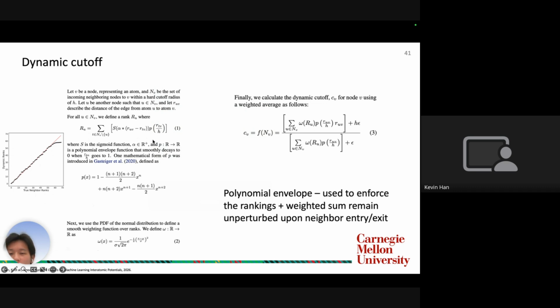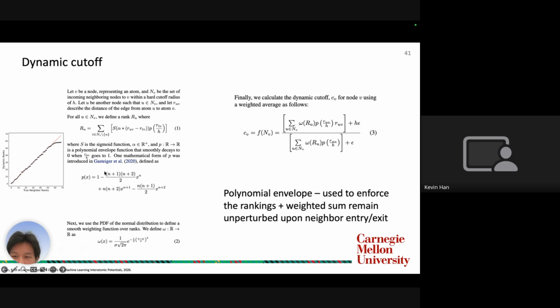And this is to be expected because we're also multiplying this polynomial envelope against each individual sigmoid before performing the sum. And so this makes sense as the neighbors get closer and closer to the fixed cutoff. Ideally, the corresponding strength in the ranking calculation is declined until, in the limit, this curve here should plateau. Right? And this is what allows us to maintain smoothness, but still calculate a somewhat discrete structure like ranking.